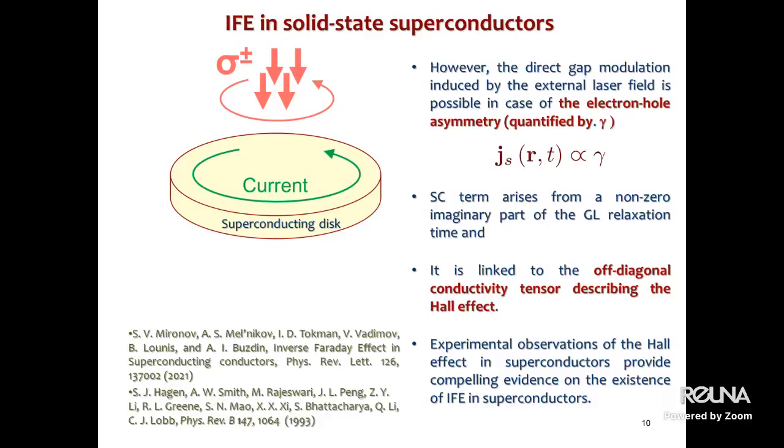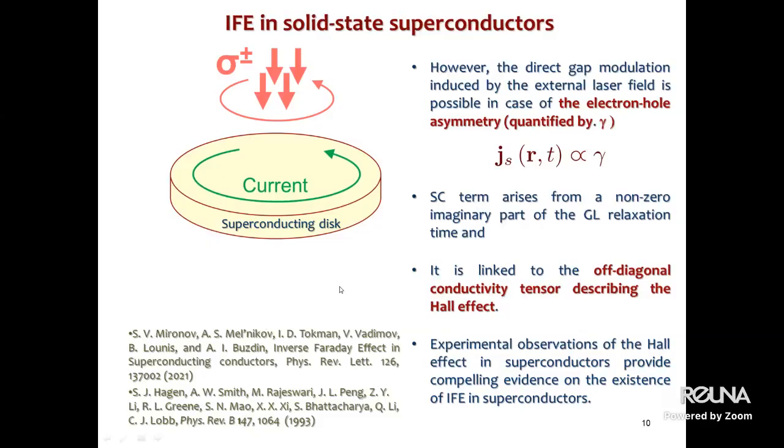I would say, no, I didn't say correctly, it's opposite. Asymmetry is the origin for the non-zero imaginary part of the Ginzburg-Landau relaxation time. And it's linked, as I said already, to the off-diagonal conductivity tensor describing the Hall effect. So experimental observation of the Hall effect in superconductors provides compelling evidence of the existence of the inverse Faraday effect in superconductors.